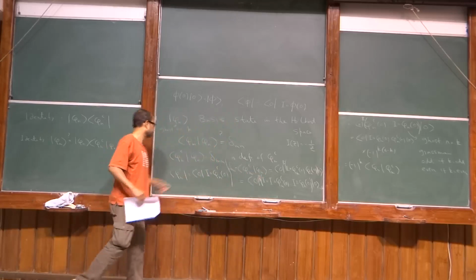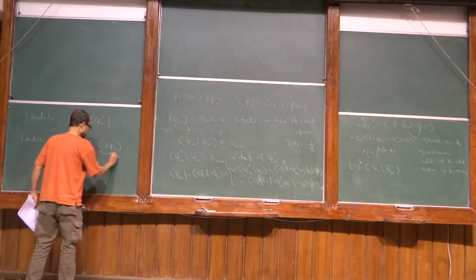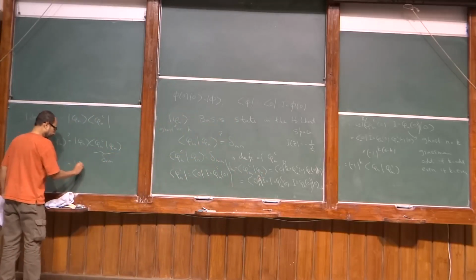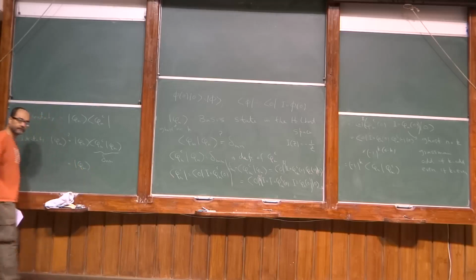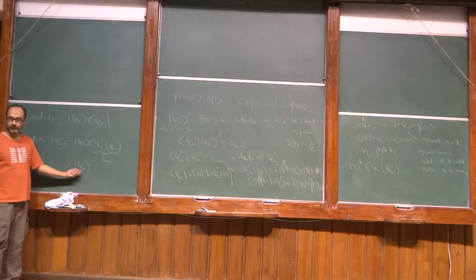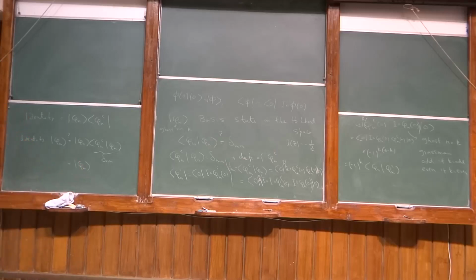So this gives you back phi m. We need to see that this operator acts as identity on phi m, and because phi m is completely arbitrary, any choice of basis state, this operator is indeed the identity operator.